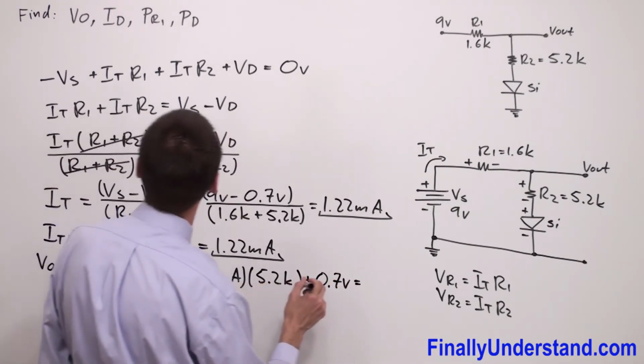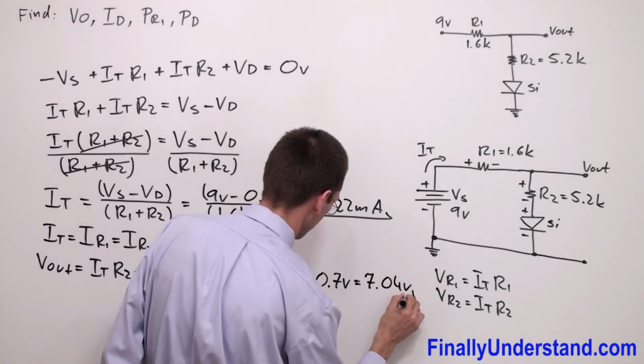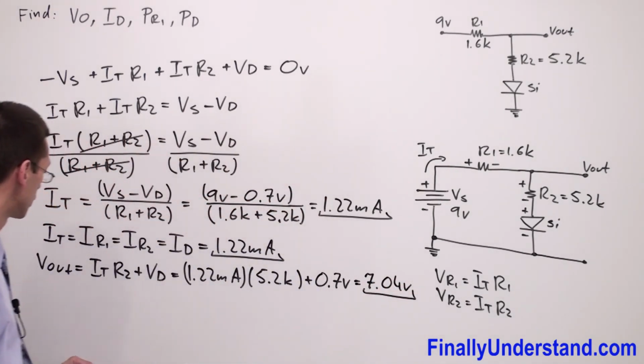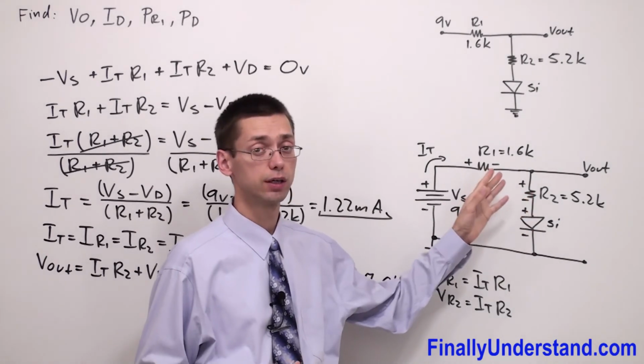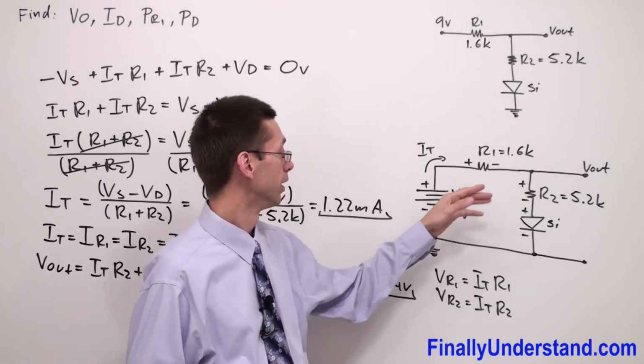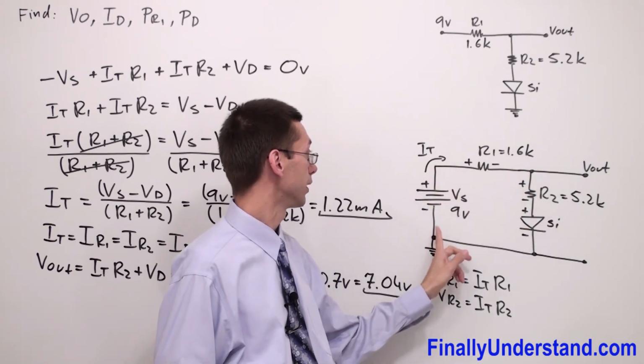Everything is equal 7.04 volts. So this is voltage at the output. Please realize that this is one way to get output voltage. You can get also output voltage by writing the equation going this way.